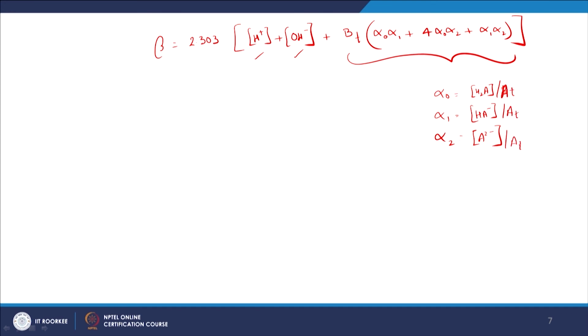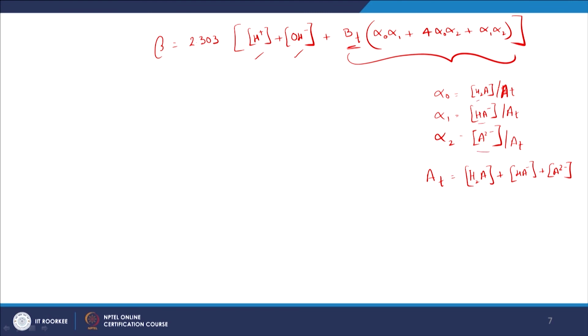And what is the total acid in this case? It is B total, a different nomenclature here, but that is fine. That is equal to, as we know, H2A plus HA minus plus A2 minus. Anyway, it is giving you an idea about which particular form predominates, right.